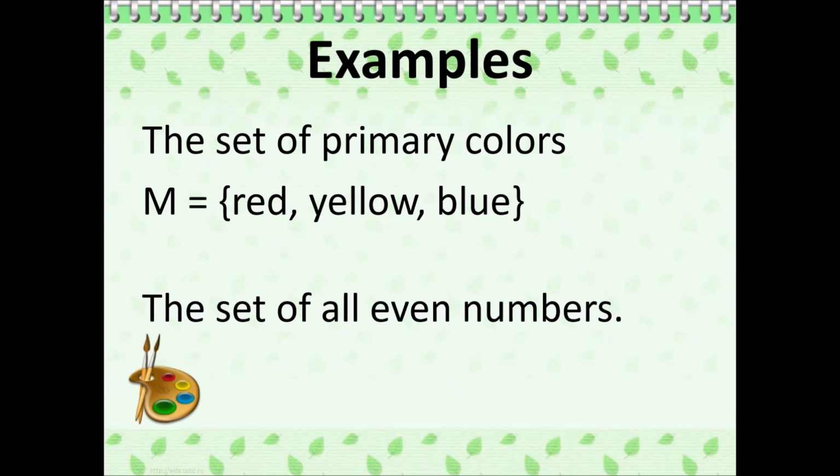Another example, the set of all even numbers. There is no end to the even numbers, so we will use an ellipsis. Set E to represent the even numbers has elements 2, 4, 6, then three dots, which is the symbol of an ellipsis.